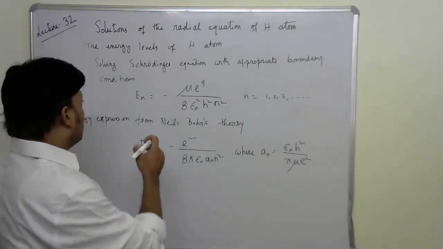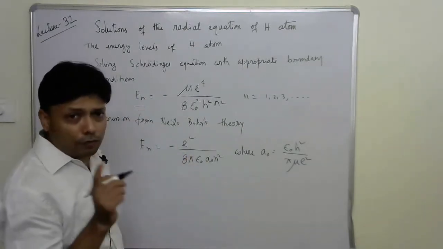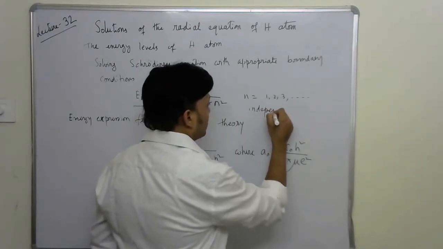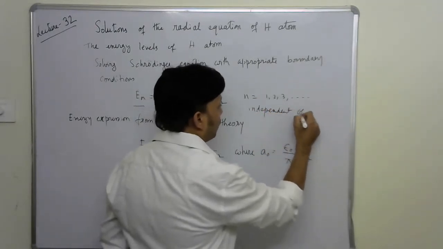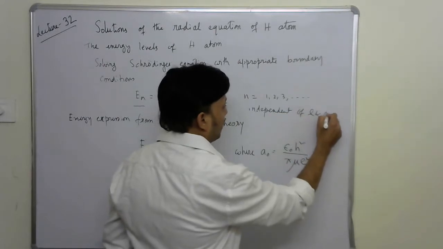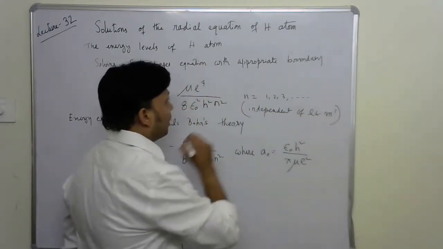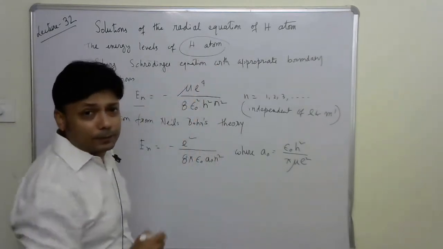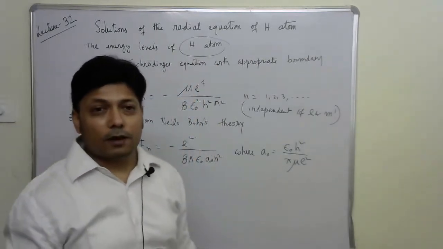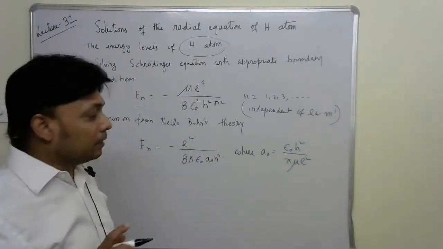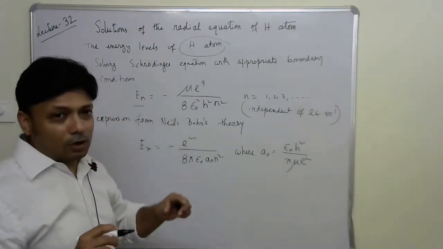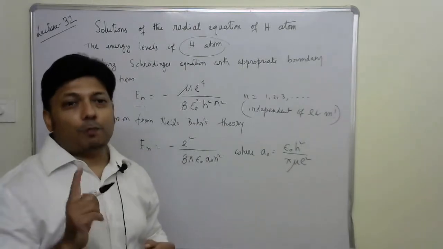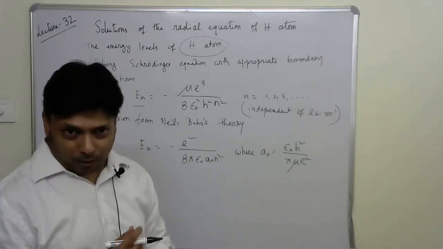So what we see here is that this energy is a function of n only, and energy is independent of the L and M values. Remember, we are talking about the hydrogen atom only. So for the hydrogen atom, the energy of the different levels is only dependent on the principal quantum number.